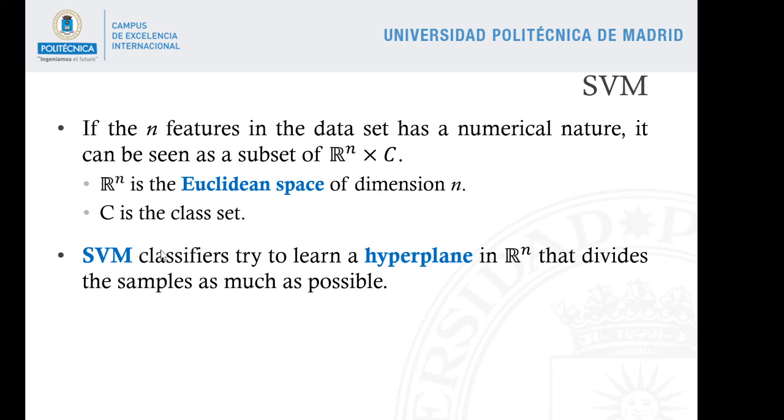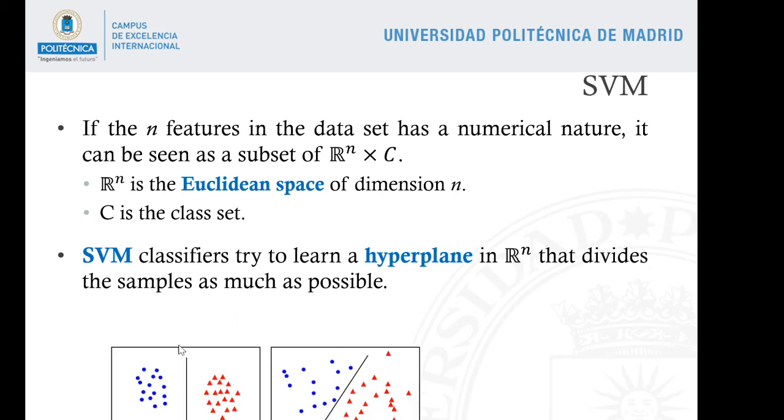So SVMs try to learn a hyperplane in the Euclidean space that divides the samples as much as possible. So imagine that we have two classes, blue and red. It tries to learn a hyperplane. A hyperplane is a subspace of dimension n-1.